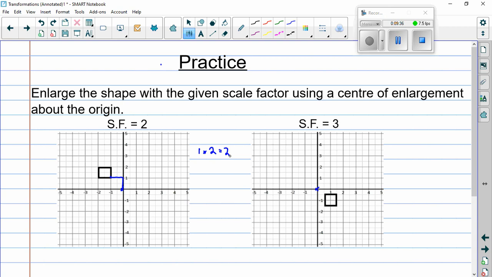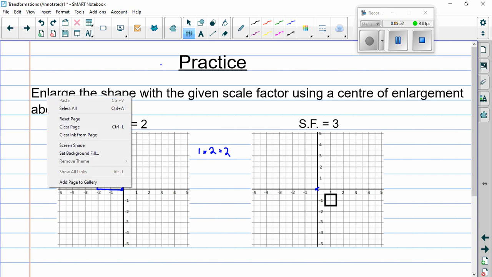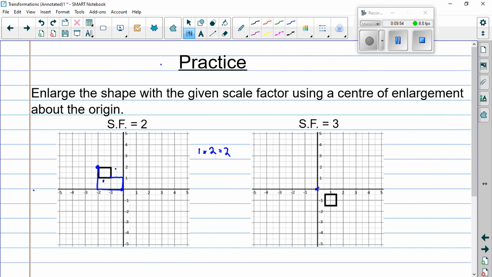So from here, I'm just going to go over 2, go up 2, and I'm going to make one of my points. Now, I'm going to take a little bit of shortcut and just do 1 point, and then I know because this measurement on this square is 1 and that's 1, those are both going to become 2, so it's going to be over to the left 2, up 2, and then we have enough information to actually draw our shape.